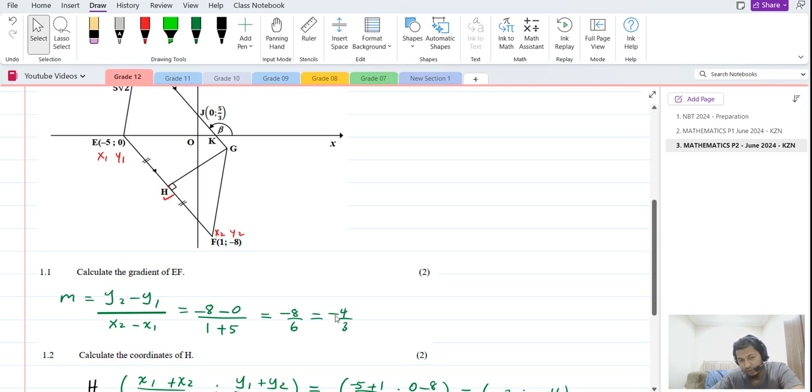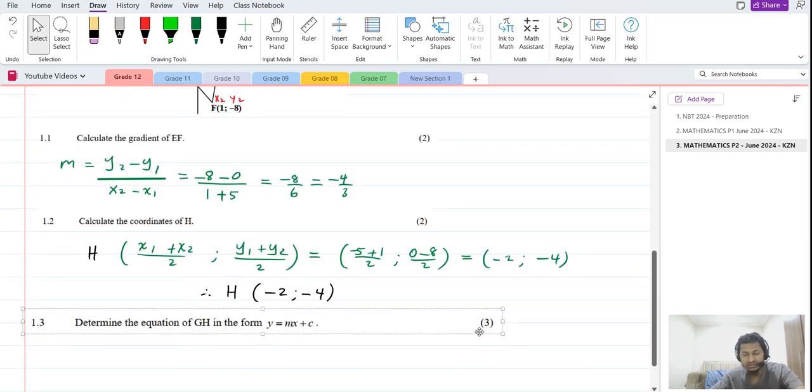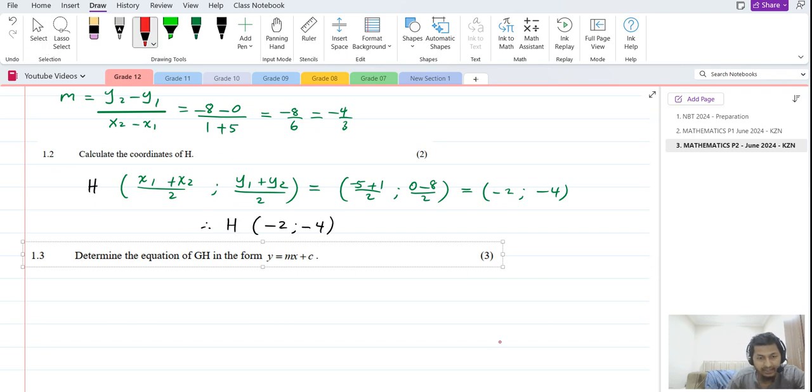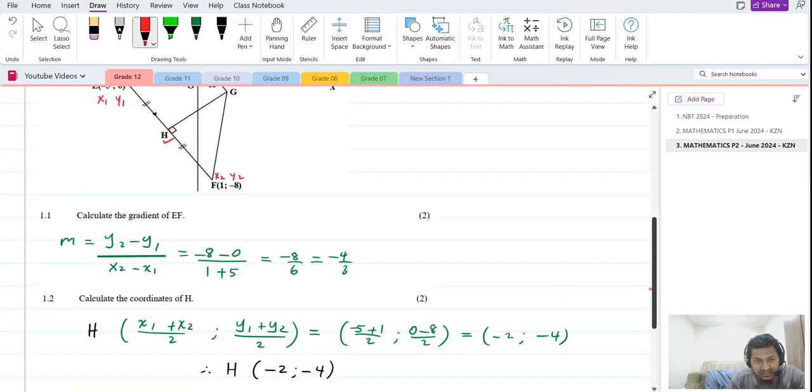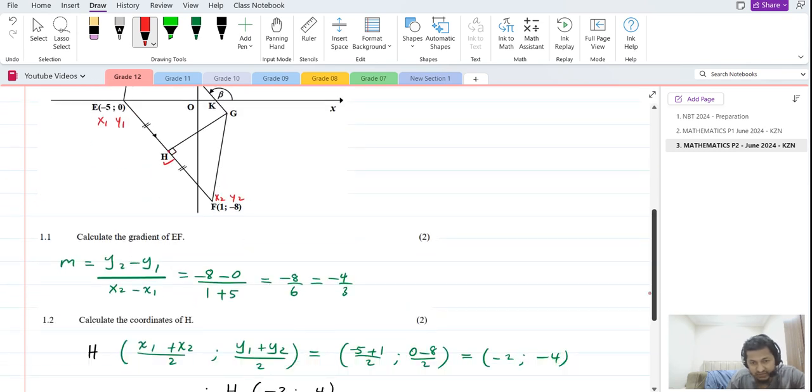You take the opposite sign and flip it, in other words, the negative reciprocal. Remember, you need to take the opposite sign because these lines are perpendicular. So the opposite sign is positive, and you invert it, so it becomes 3/4.